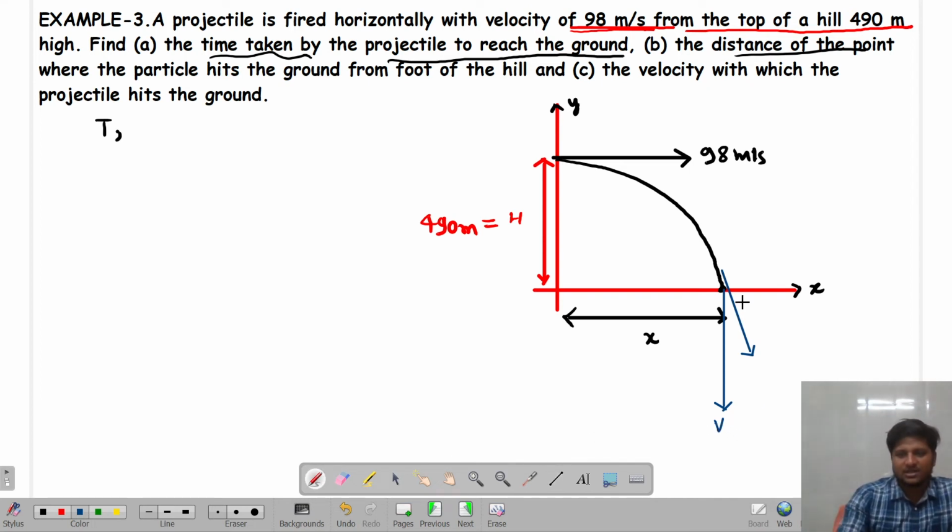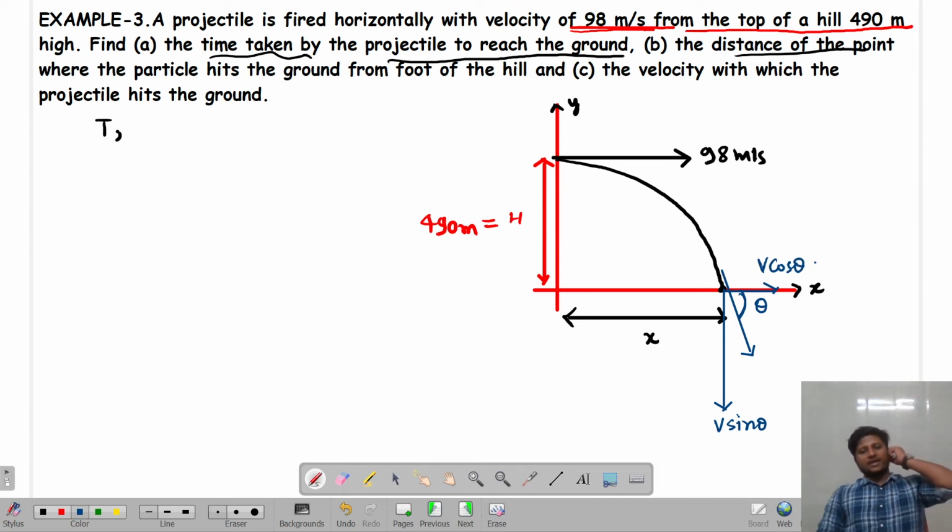Let's suppose this angle is beta or alpha or theta, whatever it is. And along the horizontal it has one more component, that I'm representing as v cos theta. So you have to calculate with what velocity the projectile is hitting the ground. I have drawn all the things and it is your work to do.